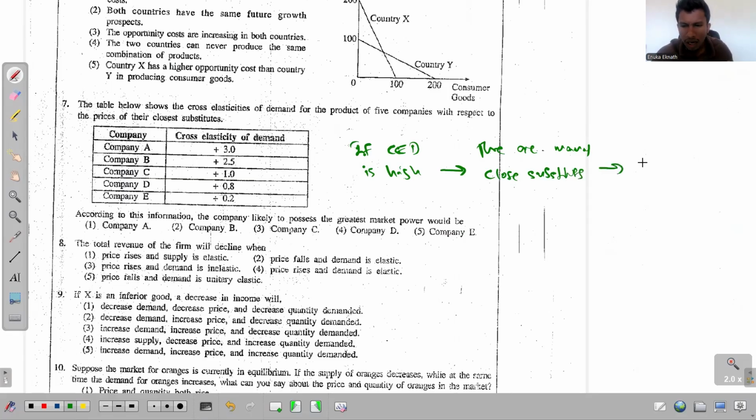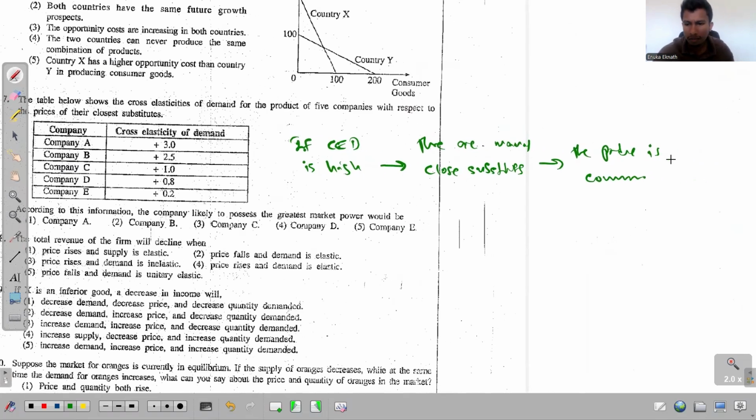And then what will happen to our market power? If you look at the nature of the product that we sell, it's a very common product, right? So let me just write it. The product is common. So if you are just selling a common product, your market power is low. Market power is low.